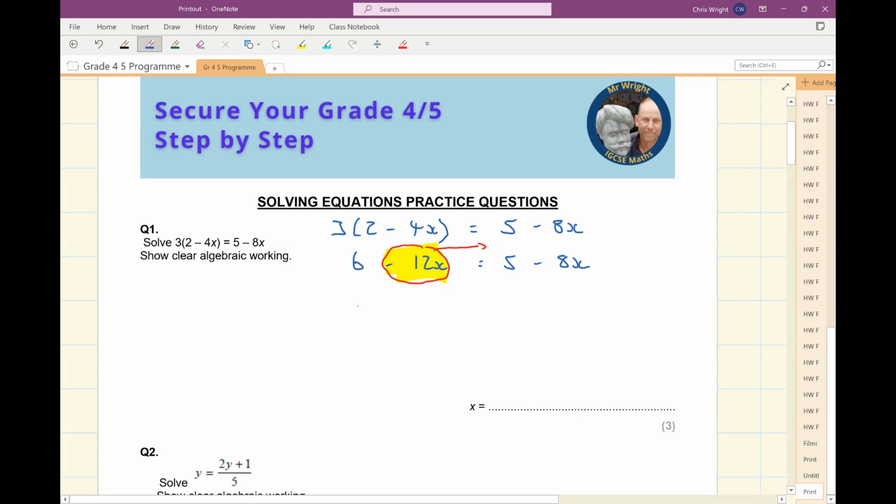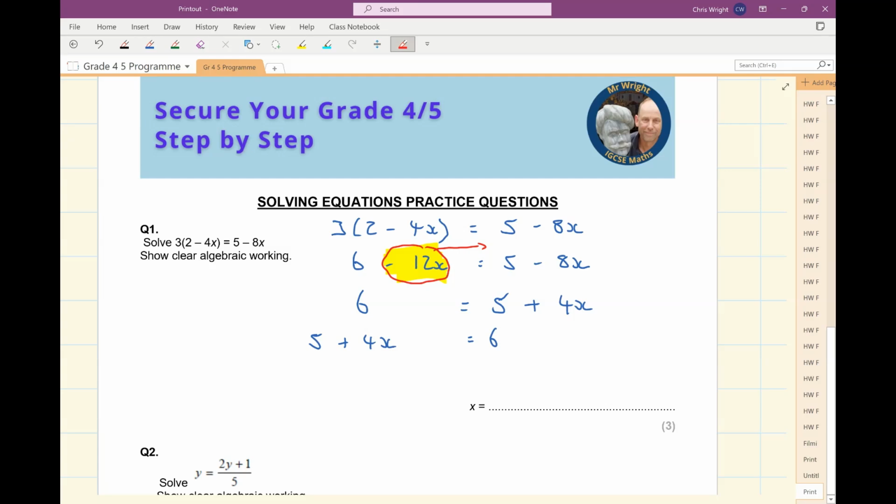So I'm going to have 6 here, and on the right-hand side, I'm going to have 5. Now, on my calculator, I'm going to do the minus 8x that I had already, so minus 8 plus 12 gives me plus 4x's. Right, I'm going to write that round the other way. So I'm going to have 5 plus 4x equals 6.